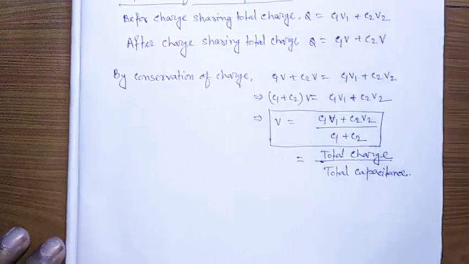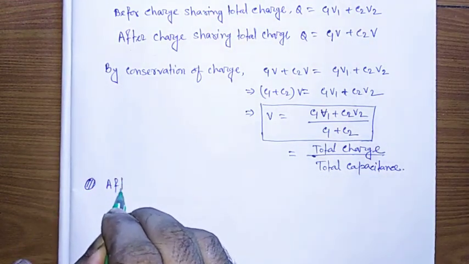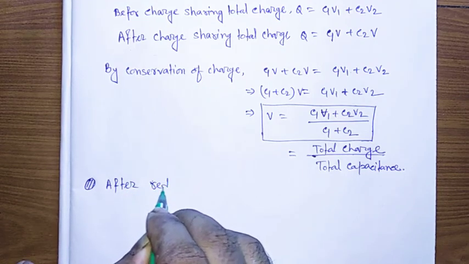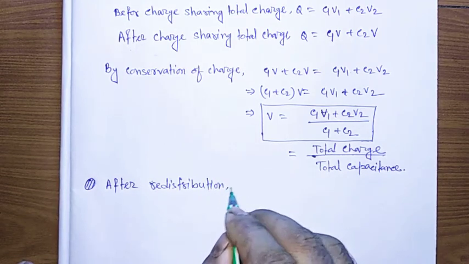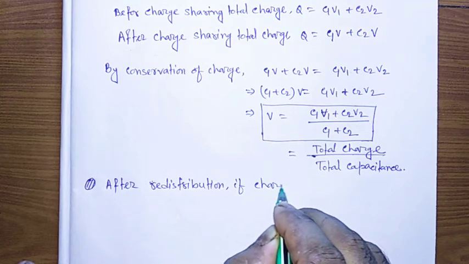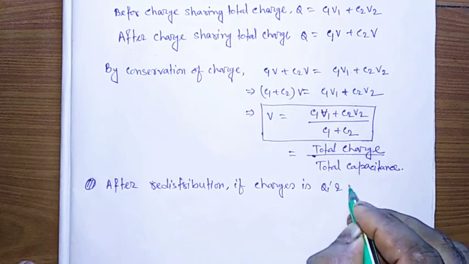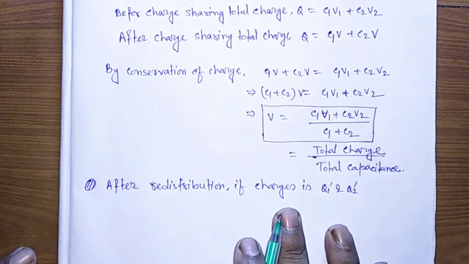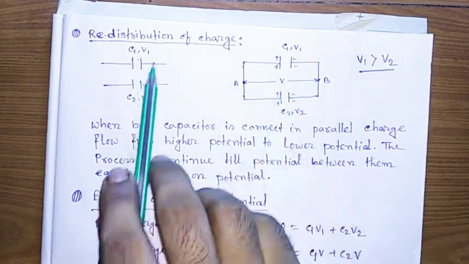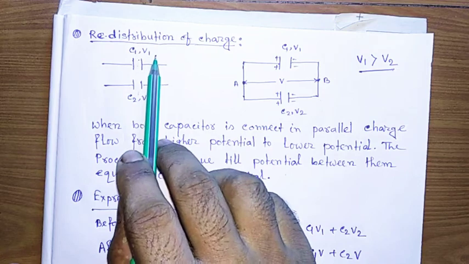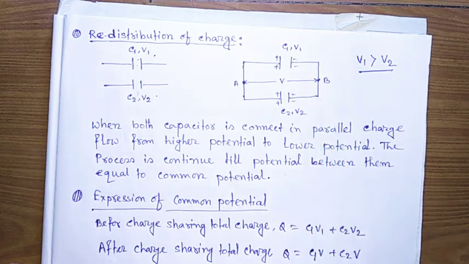So now the next derivation: after redistribution, suppose the charges are Q1 dash and Q2 dash. Before, the charges were Q1 and Q2, so after redistribution the charges will be Q1 dash and Q2 dash.